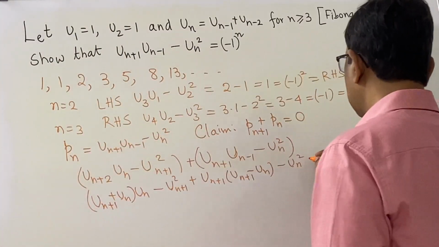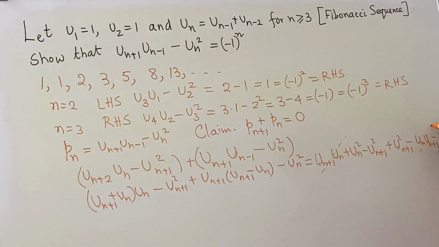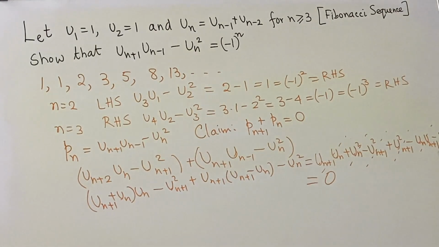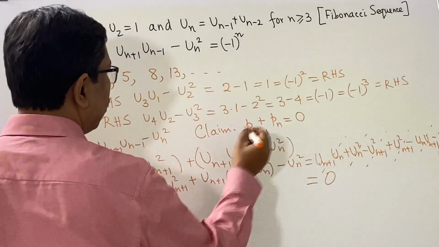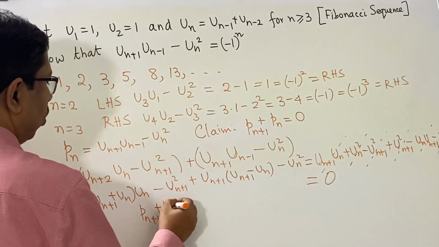Now this gives us, u_n into u_{n+1} cancels, u_n squared cancels, u_{n+1} squared also cancels. So we get 0. So we have proved that P_{n+1} plus P_n is equal to 0.